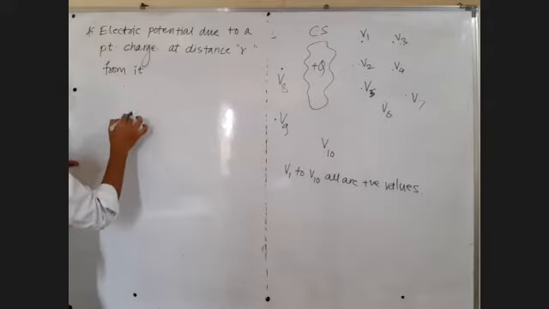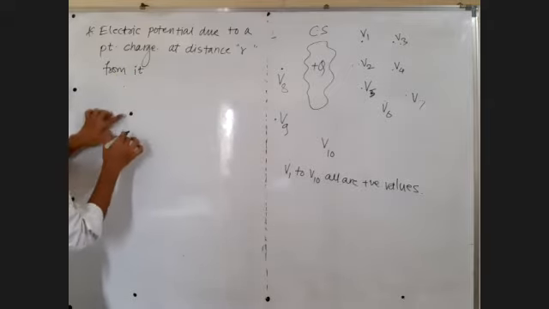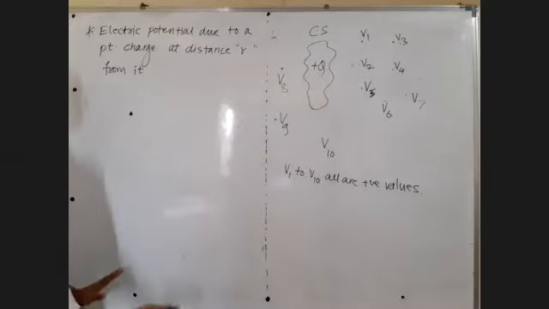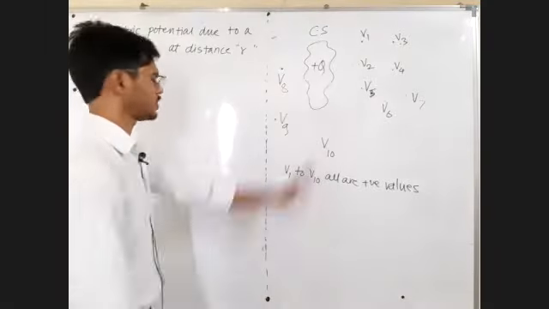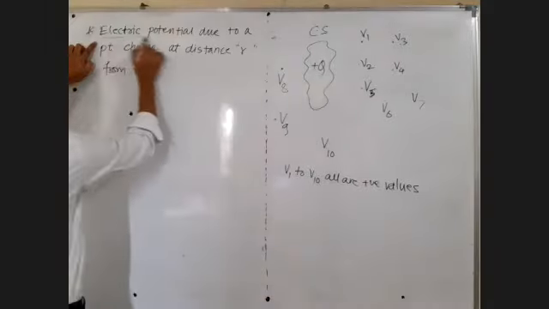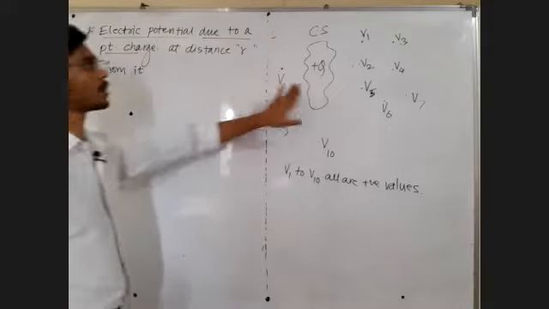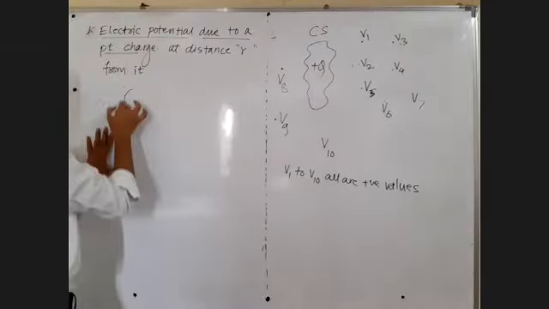Okay. So now we have a charge system as a unique positive charge. This is a charge system which is not a unique positive charge. I'm going to say a point charge. Any point. Electric potential we have to find out due to a point charge. So our charge system is a point charge.